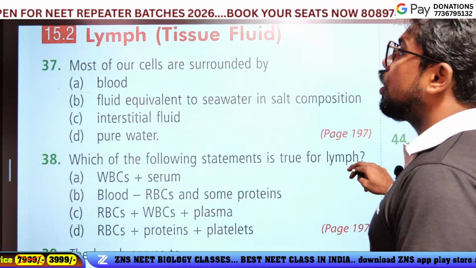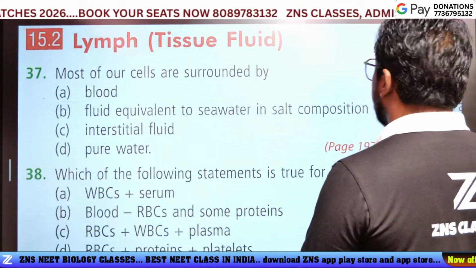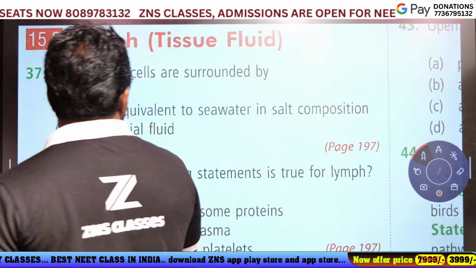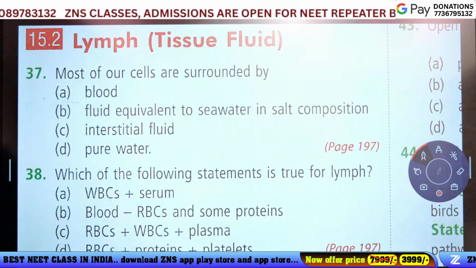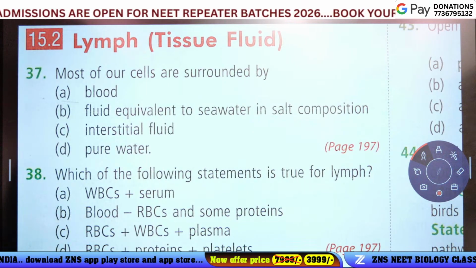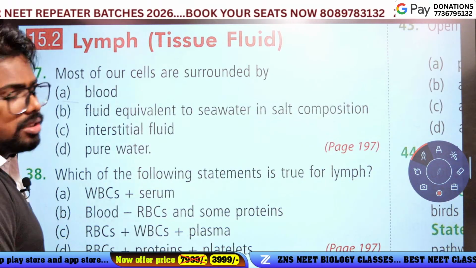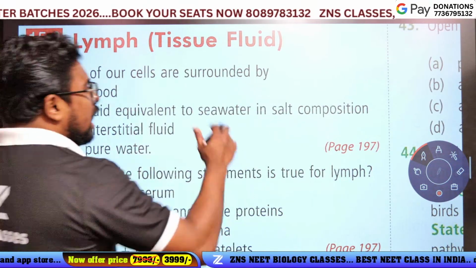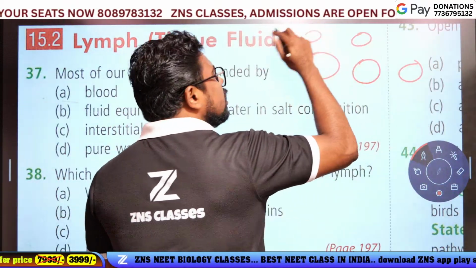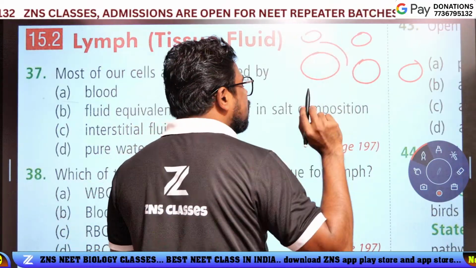The next topic is lymph. Okay, our NCERT topic, lymph, is the next topic. The next question. Give me the answer. Most of our cells are surrounded by what? Surrounded by blood? No, not blood. The cells are surrounded by specialized fluid.